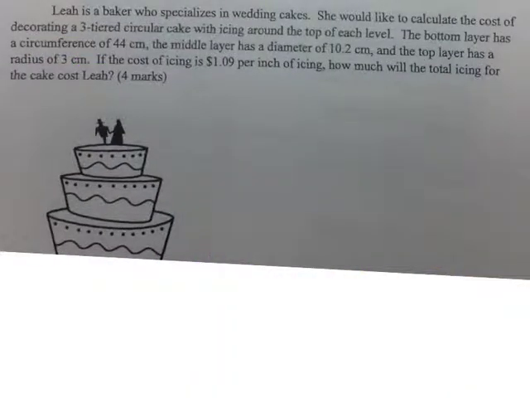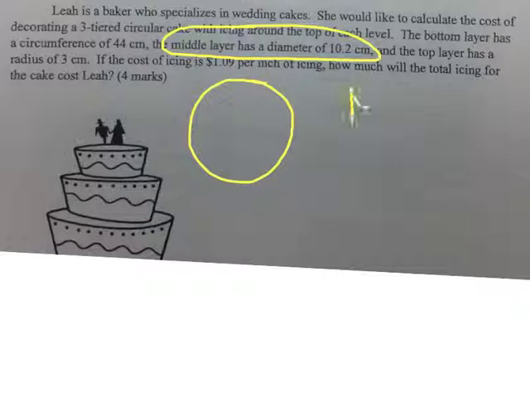Okay, let's look at the second or the middle level of the cake. We just dealt with the top level. Now let's deal with the middle level. The middle layer of the cake has a diameter of 10.2. So if I draw another circle, let's label this the middle. I draw a dot in the center of my circle.